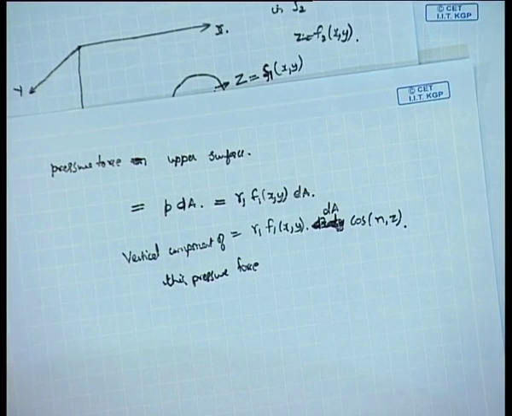All I have done here is, if n is the normal like this, then the vertical component of the force, that is the component of this force in this direction, is this force into cos of the angle between them. That will give you the component of the force in the vertical direction.